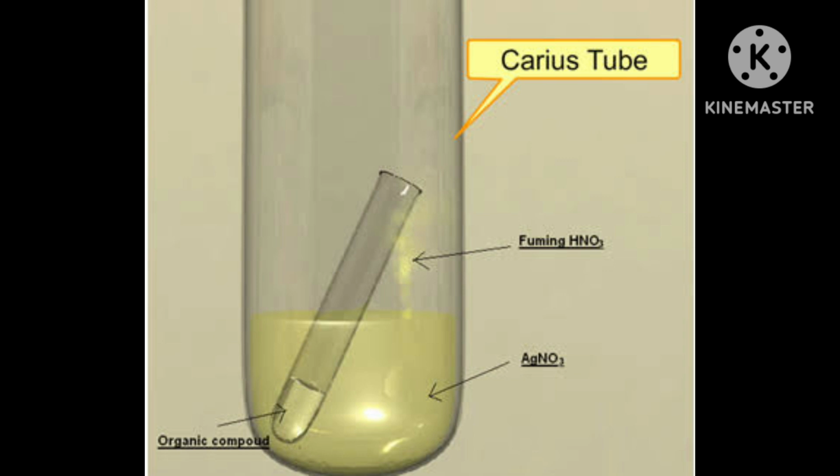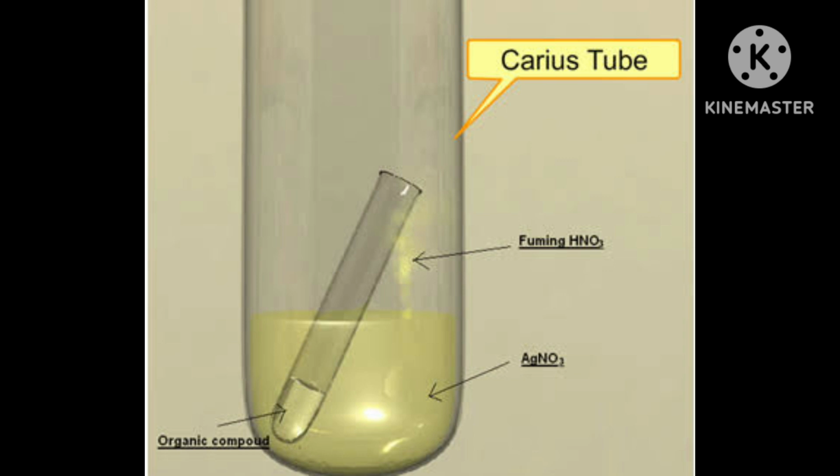Then you add both, 108 plus 35.5, and it is 143.5. Like that you can calculate the molecular mass of silver chloride. Take silver chloride as an example.